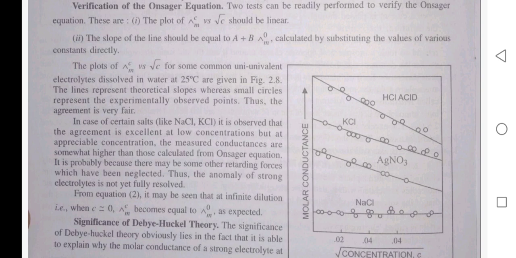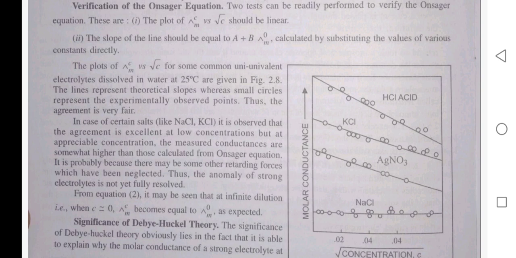In the case of certain salts like NaCl and KCl, the agreement is excellent at low concentration, but at appreciable concentration the measured conductances are somewhat higher than those calculated from the Onsager equation. It is probably because some other retarding forces have been neglected. Thus, the anomaly of strong electrolytes is not yet fully resolved.